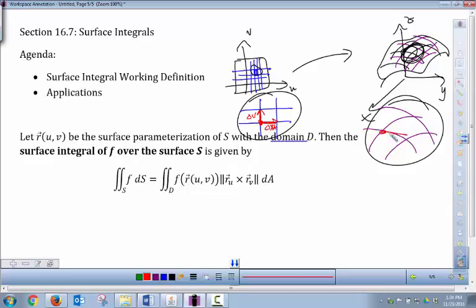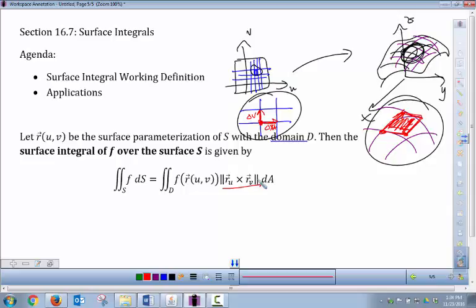Now, if we want a vector out of this, these vectors aren't going to be straight lines or all along the surface, right? They have to lift off of the surface, and so we cross them, and then we find the magnitude of them, and then we get the surface area element.